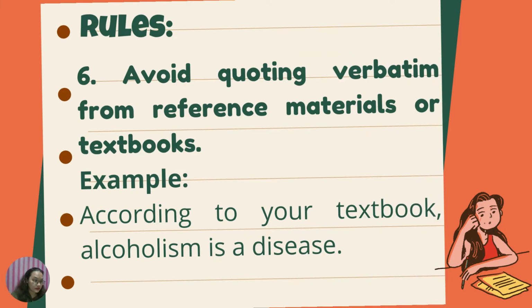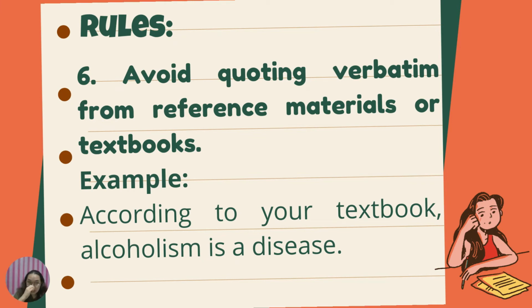Next, number 6. Avoid quoting verbatim from reference materials or textbooks. As much as possible, we should avoid taking the exact words that are stated in their textbooks or in other learning materials that we are using, just like this example. According to your textbook, alcoholism is a disease.